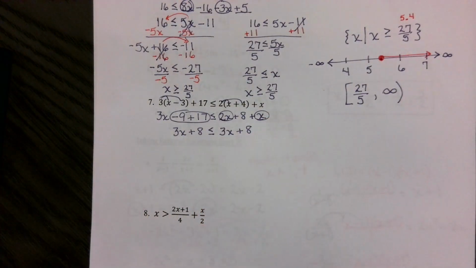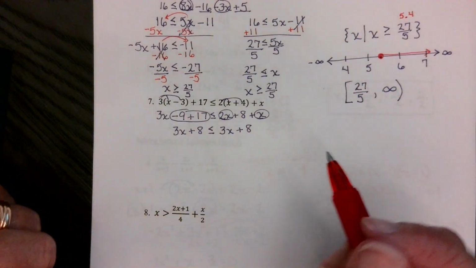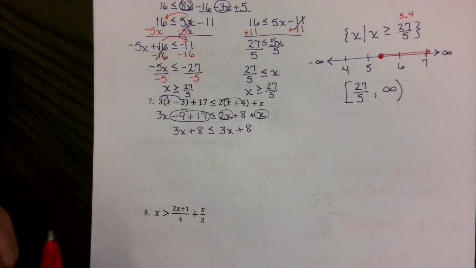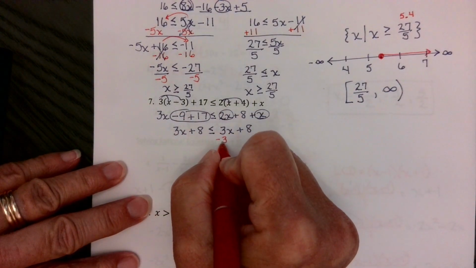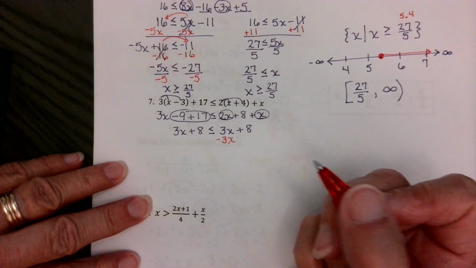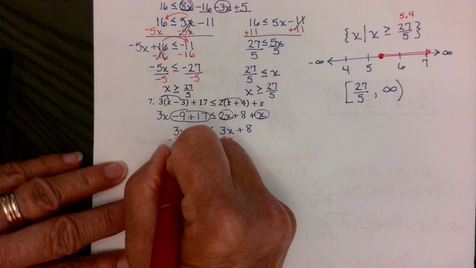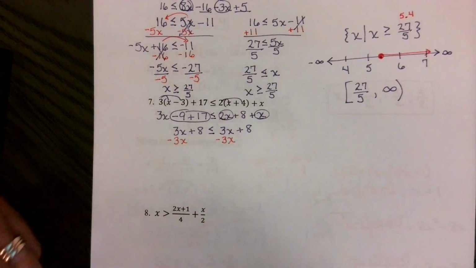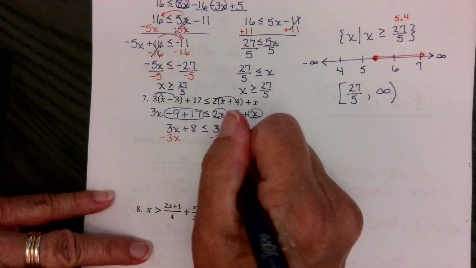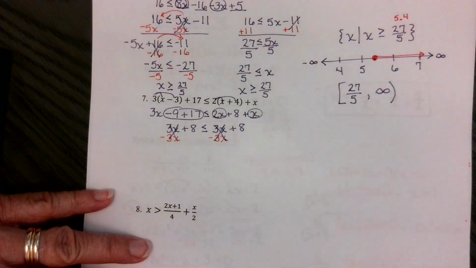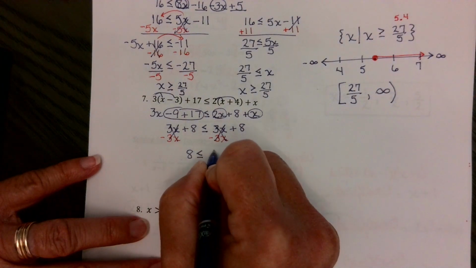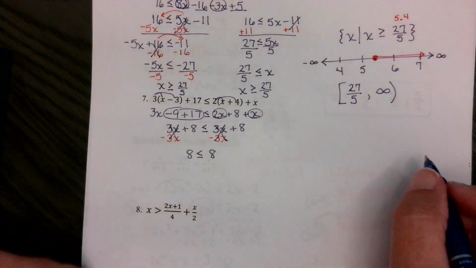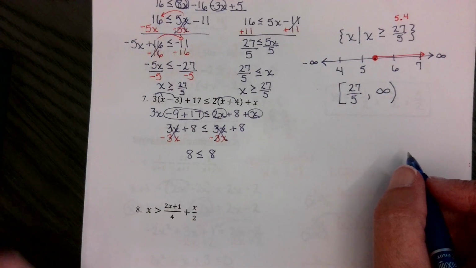You'll notice they look the same, but I'm going to finish it because, again, when your x's disappear, you're either going to have a true statement or a false statement. Subtracting 3x gives a 0, so does that. So we have 8 is less than or equal to 8. That is a true statement.